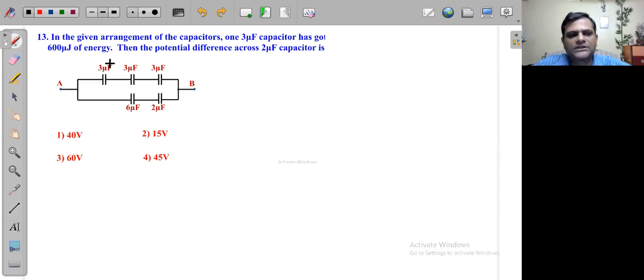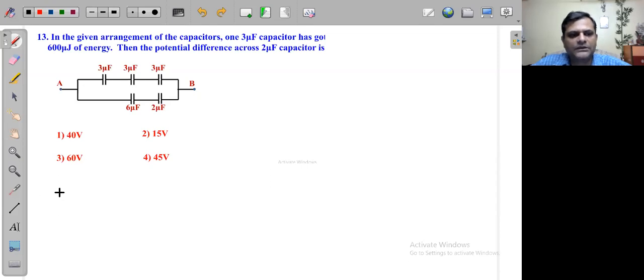So here, if this 3 microfarad capacitor stores 600 microjoules of energy, then this 3 microfarad capacitor will also store the same amount of energy, and this will also store the same amount, correct? Because of that, the total energy stored in all these 3 capacitors combined will be 3 times 600. That means it will be 1800 microjoules.